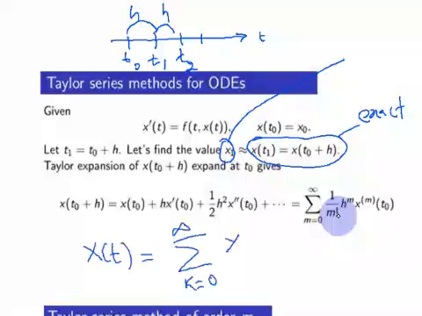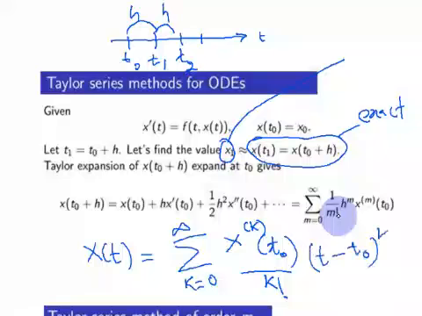Do you remember that? The k-th derivative of x evaluated at t naught, divided by factorial k, times t minus t naught to the power k. So this is an infinite series.